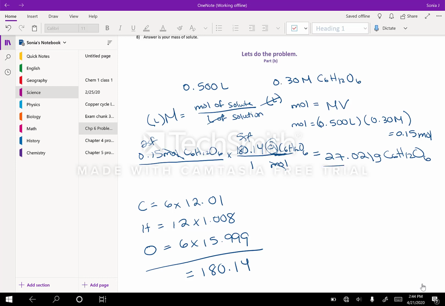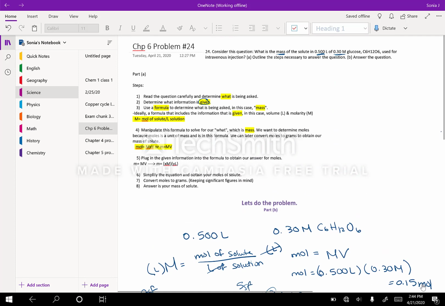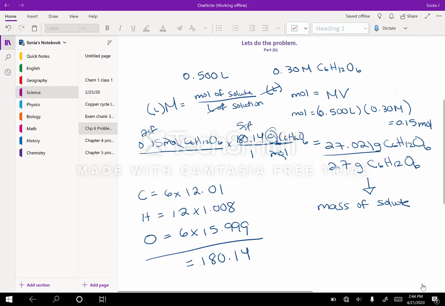If we round that to 2 sig figs, we're going to have 27 grams of C6H12O6. And so that becomes our answer: the mass of solute. And if we look back at the question, that's what the question was asking us. And we're all done.